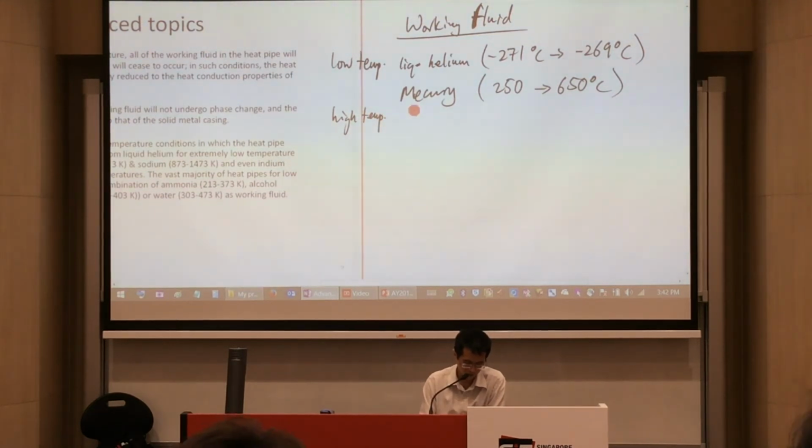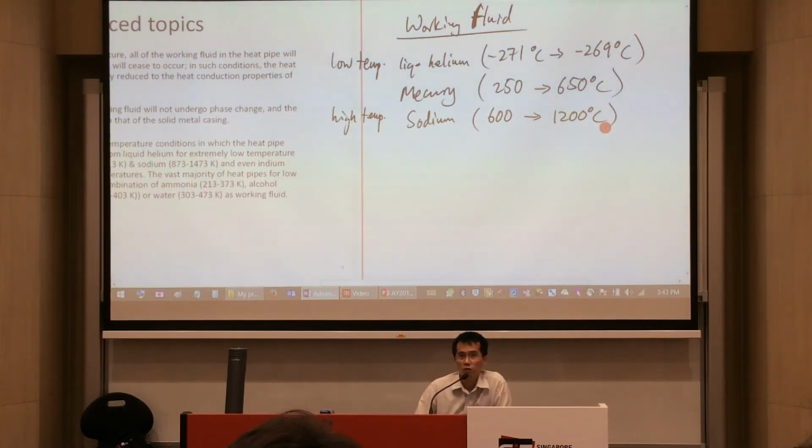Besides mercury, there are things like sodium, and sodium would have the temperature of 600 to 1,200 degrees Celsius. Very good for high temperature application. So if you want to make sure that you could remove heat of some heated object at very high temperature, you would want a heat pipe with a working fluid that can accommodate that.